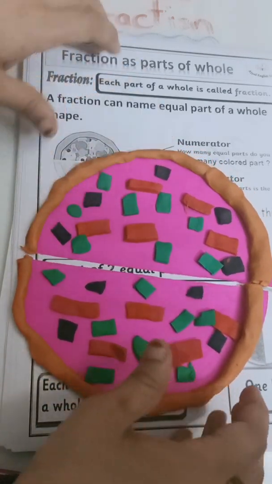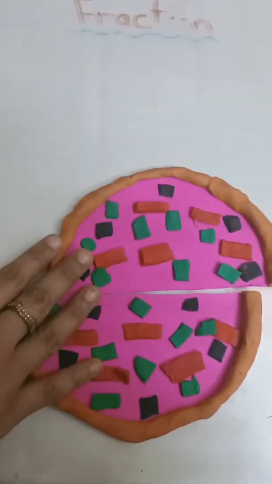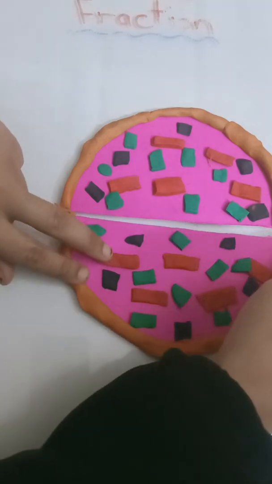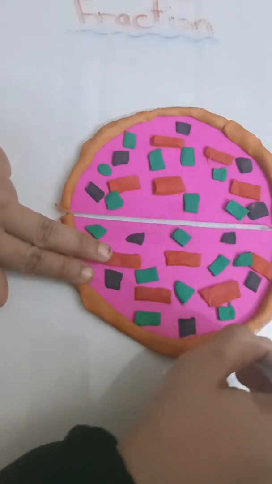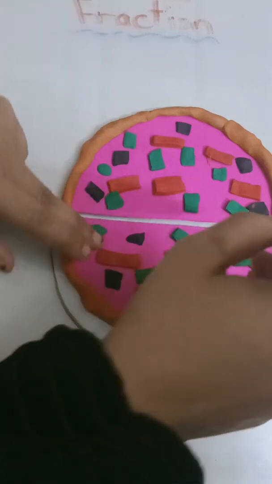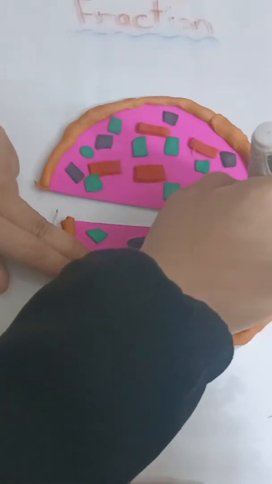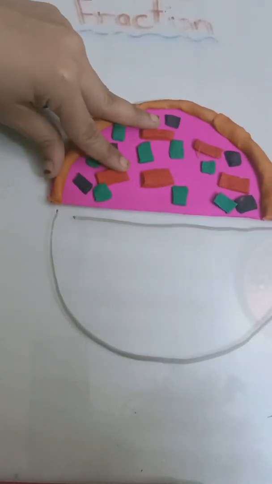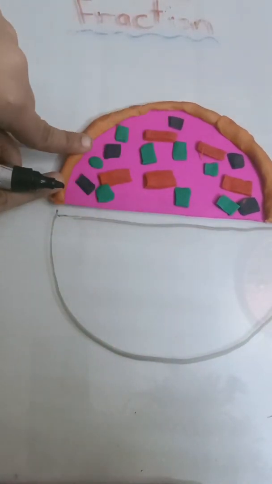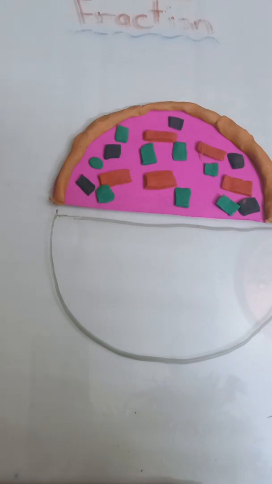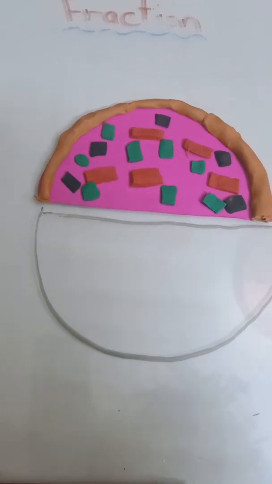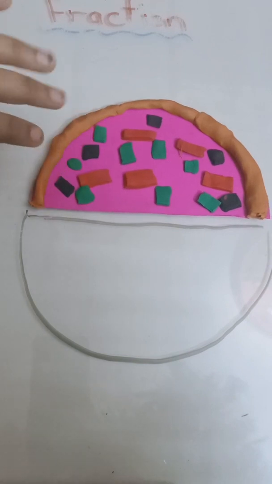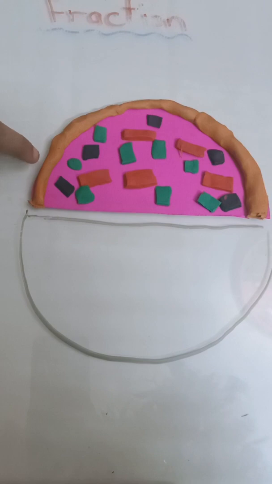Miss, I will share with my friend 1 piece. So my friend takes what? Takes 1 piece only. And this is the piece for me. Okay. How to write this and how to call this?